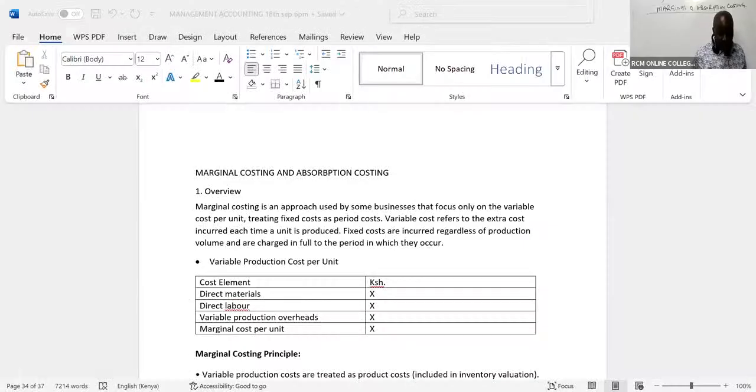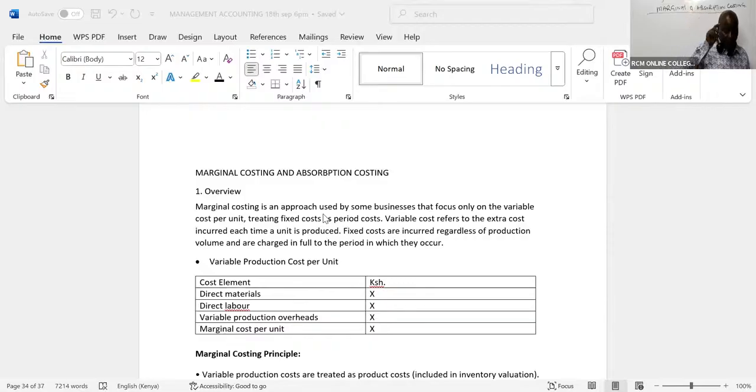Marginal costing is an approach used by some businesses that focuses only on the variable cost per unit, treating fixed cost as period cost.